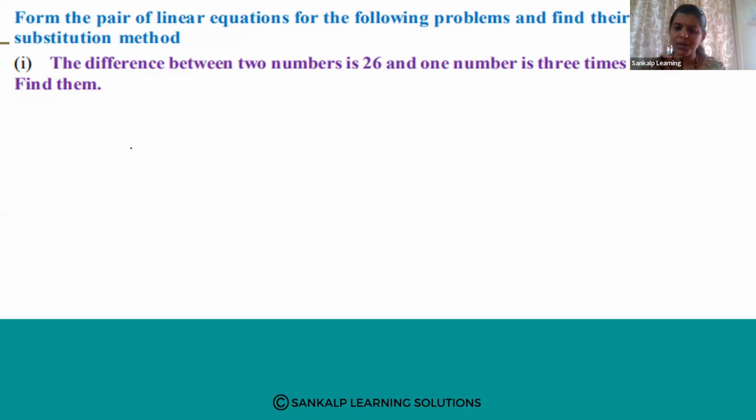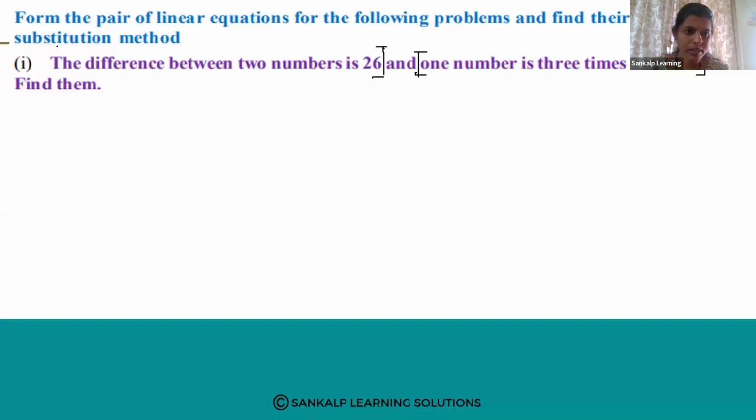The difference between the two numbers is 26 and one number is 3 times the other. Even in the question we are going to make two parts. One part is the difference between the two numbers. Another part is one number is 3 times the other. This is another part. Okay.